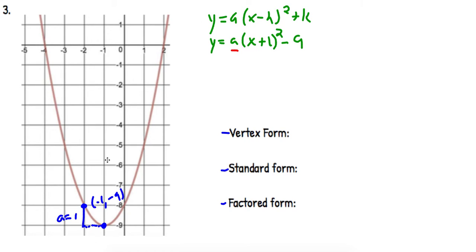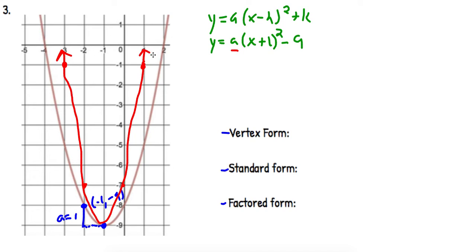Let me just give you a for instance. Let's say that my parabola looked something like this instead, a little bit more narrow than the parent function.